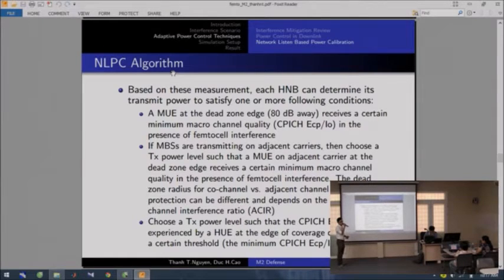To make a decision on the transmit power, the femtocell is based on the following conditions. First, macro cell users at the dead zone have to receive a minimum channel quality, so the common pilot channel Ec over the total interference.